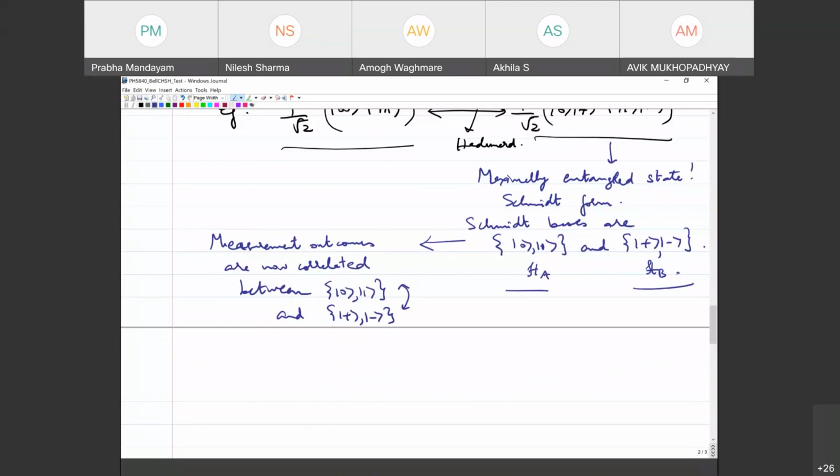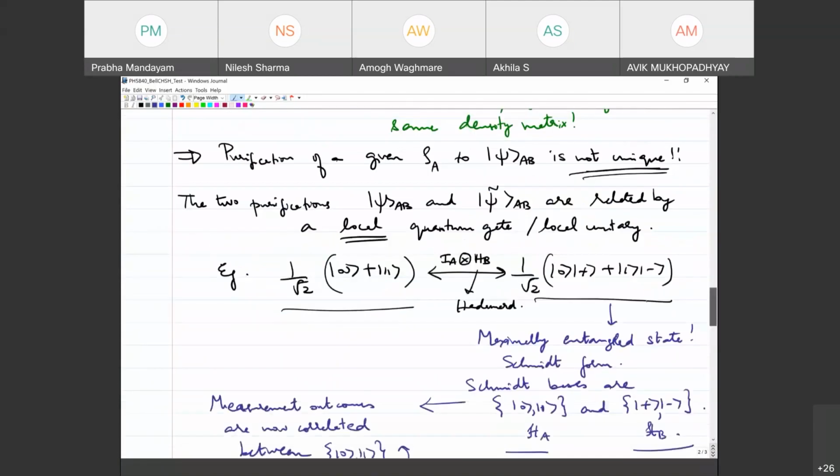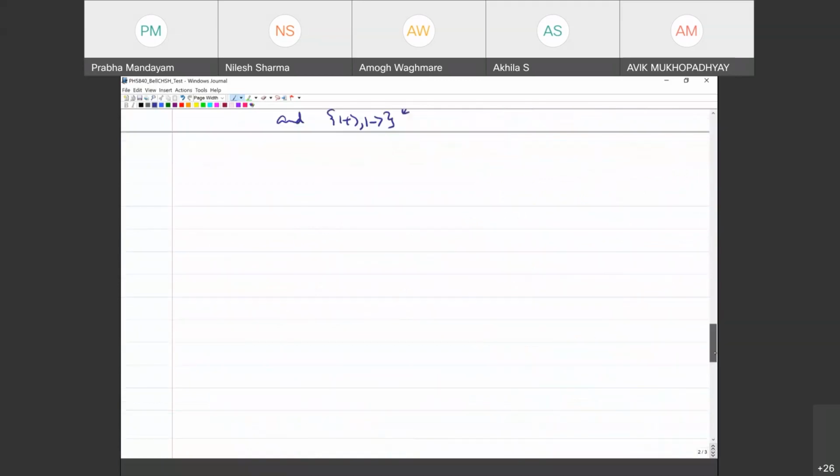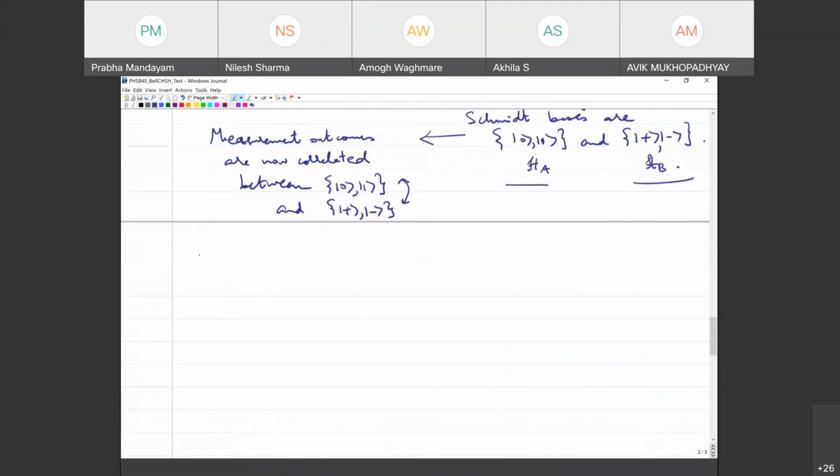If you were to write this state in the 0, 1 basis, what do you get? So if you were to write down this purification, psi tilde AB, please expand this and tell me what you get in the 0, 1 basis.